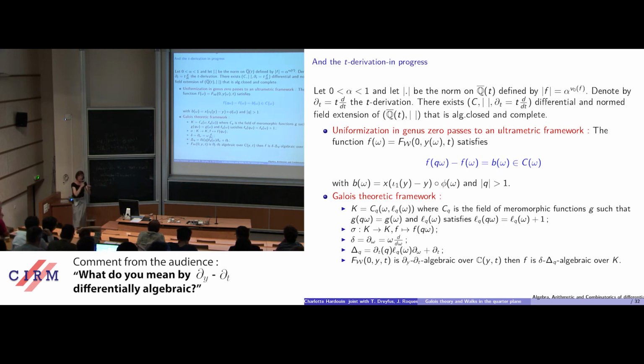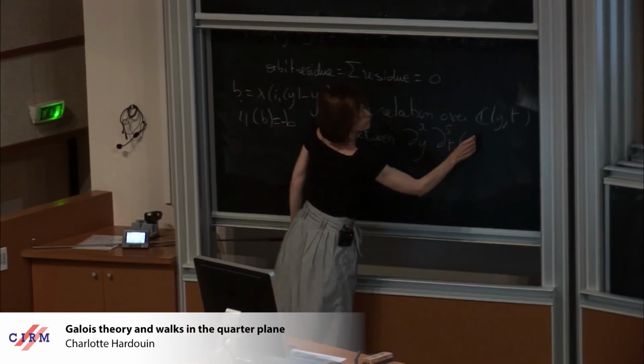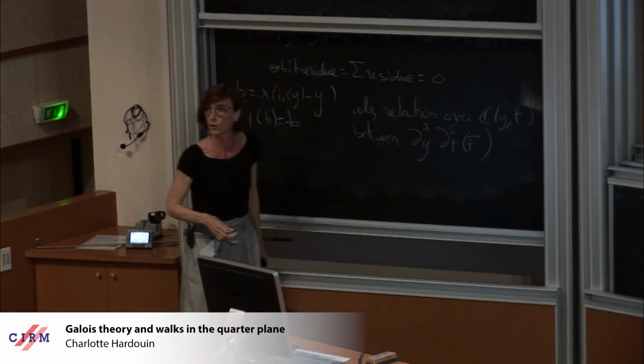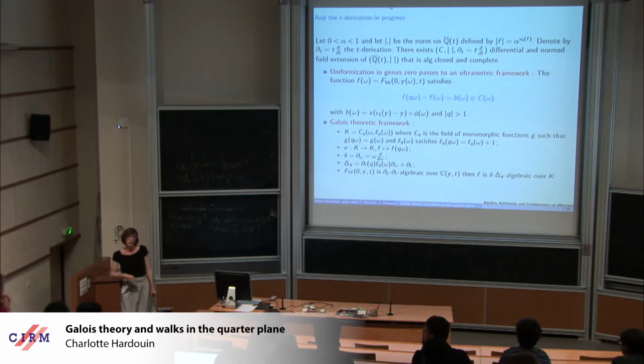So since these commute, you have an algebraic relation over C of y and t between dy or dt of your function, big F. Okay, so it's not asking that it is dt algebraic and dy algebraic, it's much weaker. It's stronger.